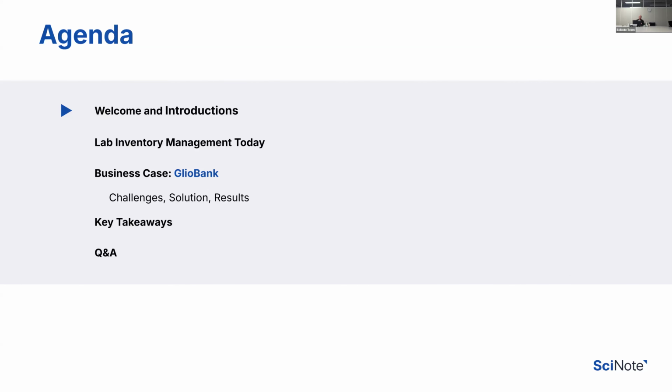Then we're going to go through the challenges, talk about solutions, and finish up with a business case. We're going to talk about a biobank, actually called Biobank, that used SciNote as a central inventory and ELN when they worked in different teams.